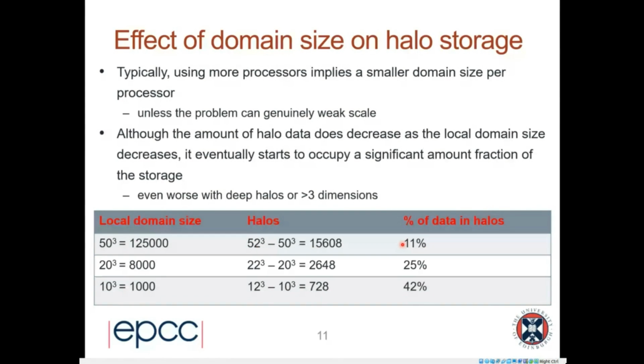So we end up with 11% of data in halos. Even that doesn't sound too bad, but if we go down to 10 cubed, then we're looking at almost half our data in the halos, and that's starting to get quite significant. So that is something to worry about potentially.